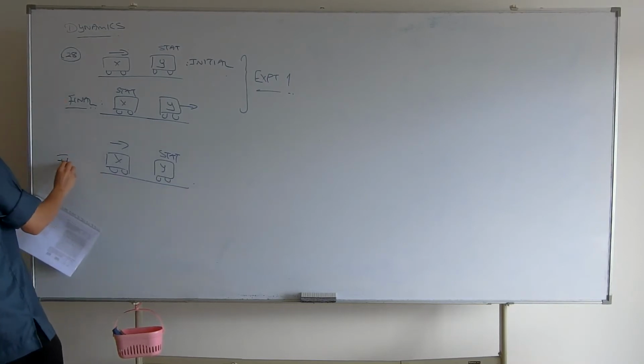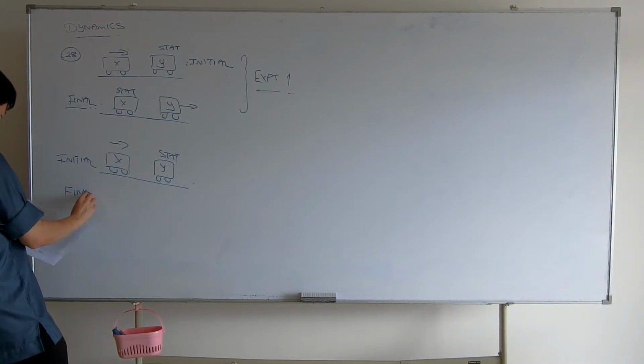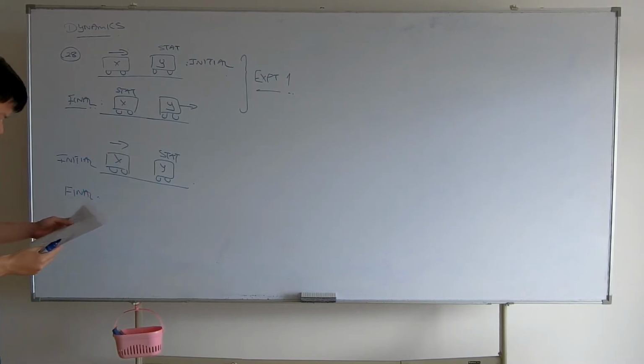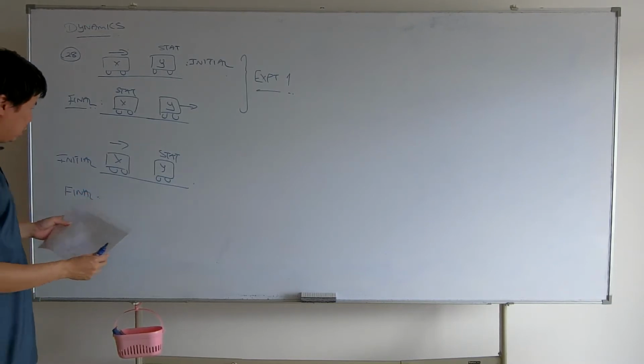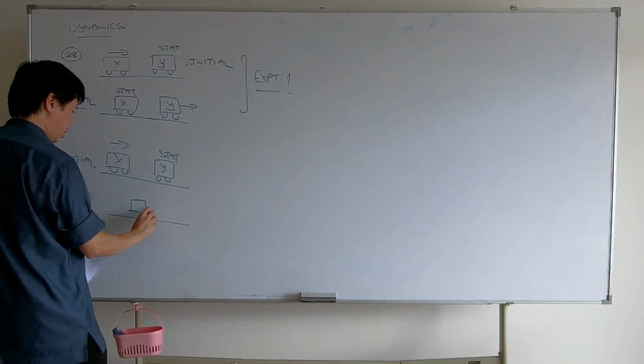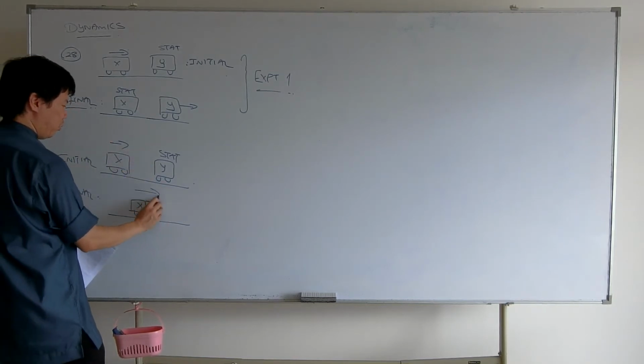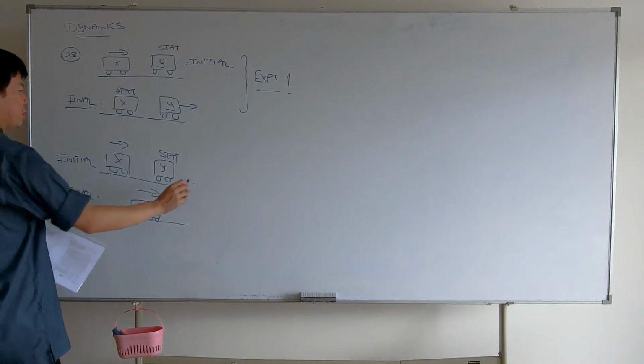This is initial. Final. According to the information here, the trolleys join and move off together. So you got X, Y, quite obvious direction. If it is in this direction, it should be moving this way. So this is experiment 2.